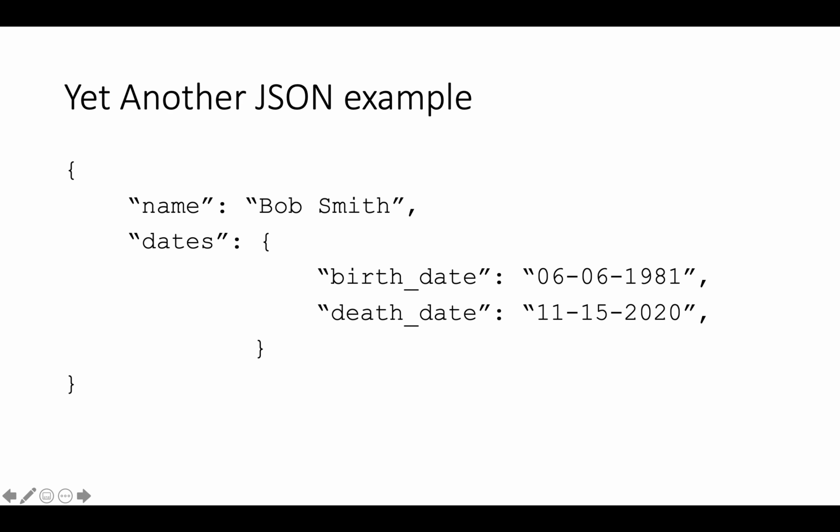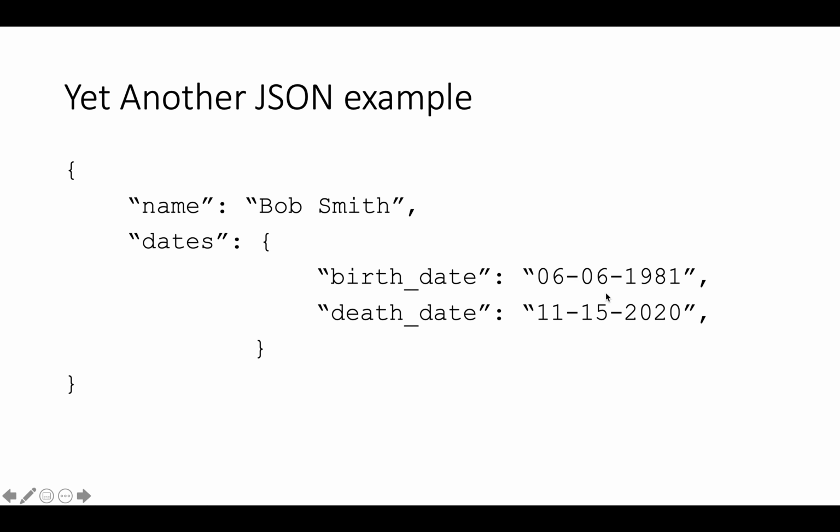In this next example, we have a nested dictionary. We still have the outer curly braces, and we have the name Bob Smith. But for dates, instead of it being just another string or an array, this one is also a dictionary, or a key value pair set. So we use the curly braces again, and then we can put in a bunch of different name value pairs.